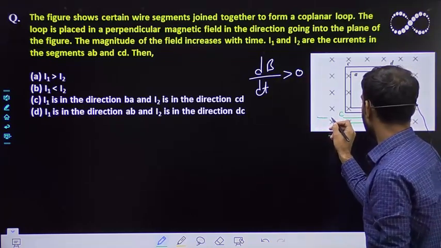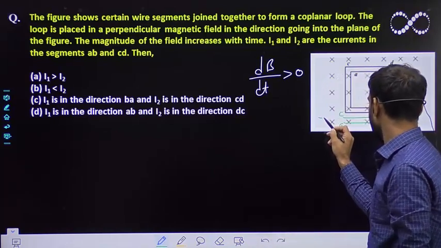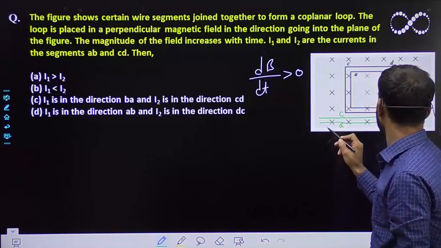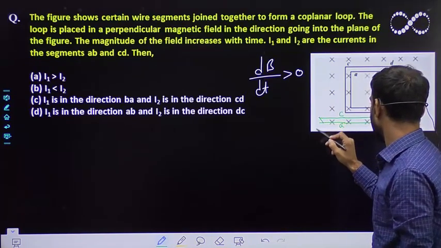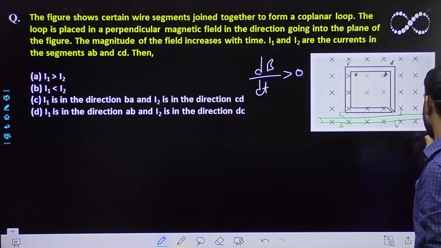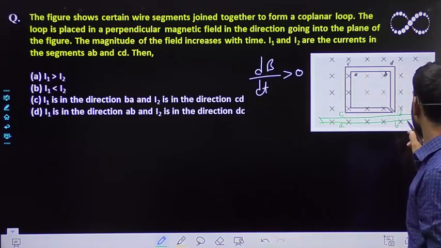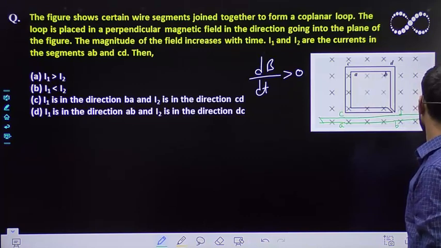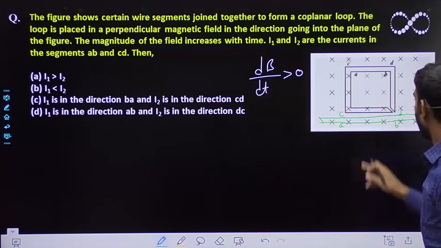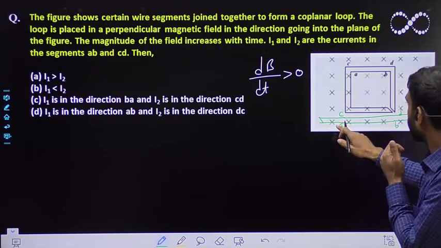It will become straight from here, and it will go like this, and here also I will extend it again, and here it will go something like this. So what I have done is take these two branches and make them straight, and this is your CD and this is AB. Now let us work on this figure.